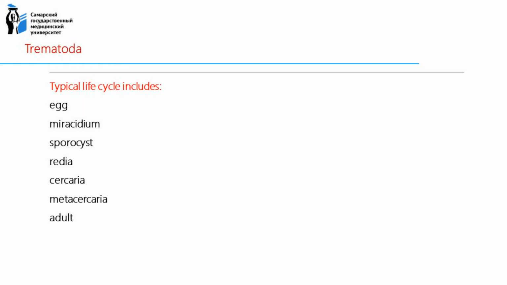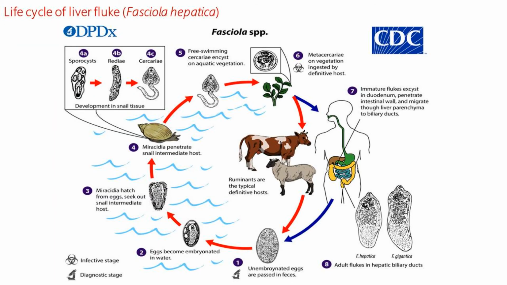Cercaria, emerges from the snail, penetrates second intermediate hosts. Metacercaria, juvenile flukes, when eaten by the definitive host, develop into adult flukes. Please examine the life cycle of the liver fluke, Fasciola hepatica.